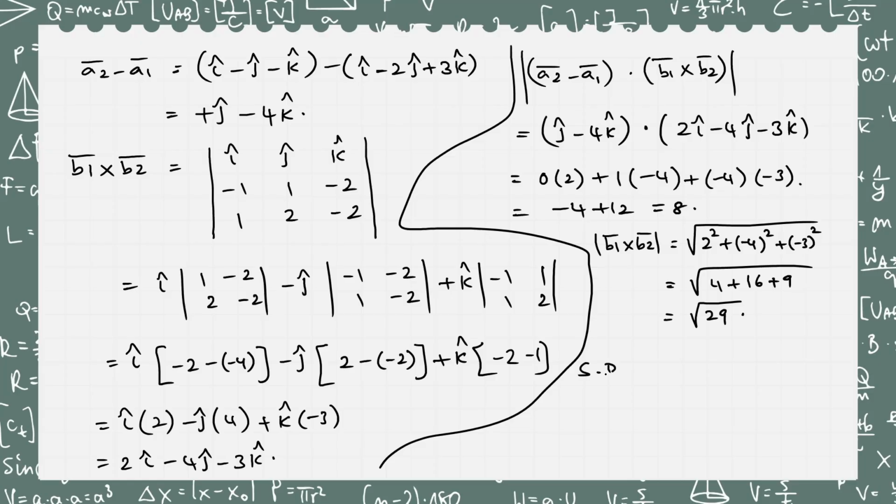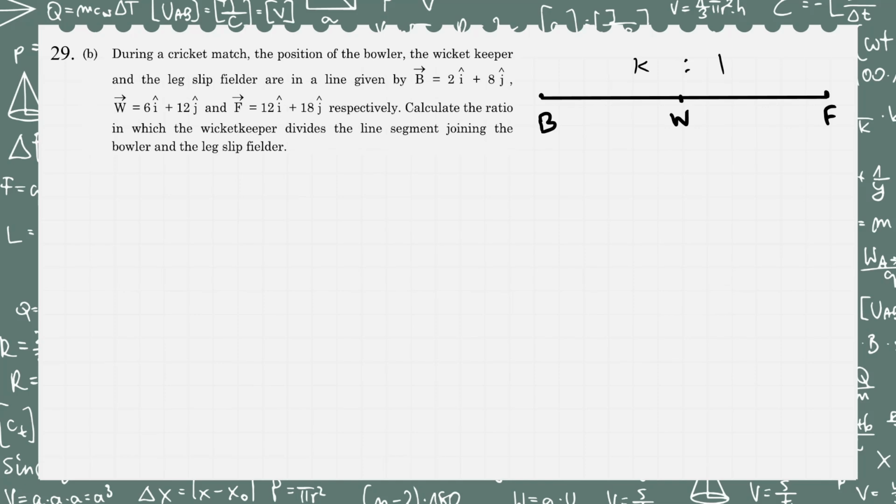So the shortest distance will be the modulus of a2 minus a1 dot b1 cross b2 divided by the length of b1 cross b2, which is 8 divided by root of 29. So you have to conclude the shortest distance is 8 by root 29 units. Let's do the next option of this sum.